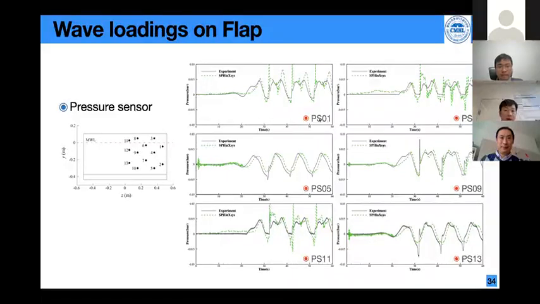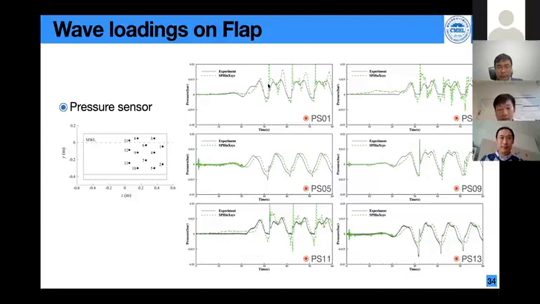For pressure sensor number 1, pressure sensor number 3, and pressure sensor number 11, these 3 pressure sensors are close to the free surface. Therefore, as you can see here, for the SPHinXsys results, a very visible pressure peak is observed, and the magnitude of the pressure peak is larger than the experimental observation.